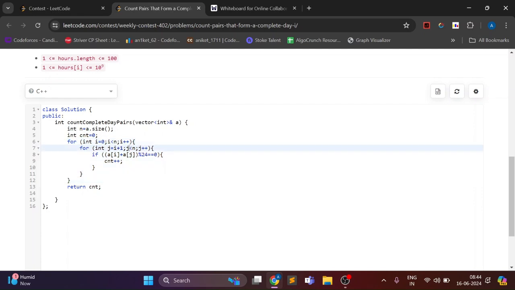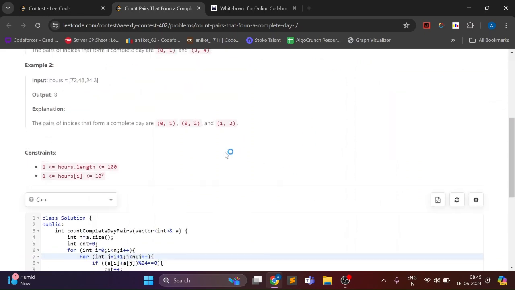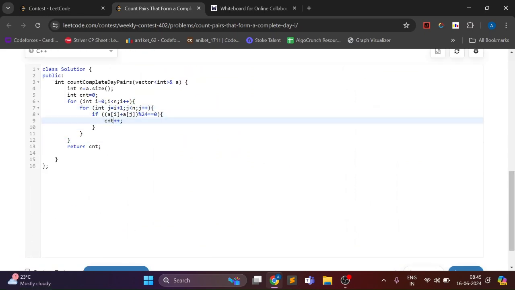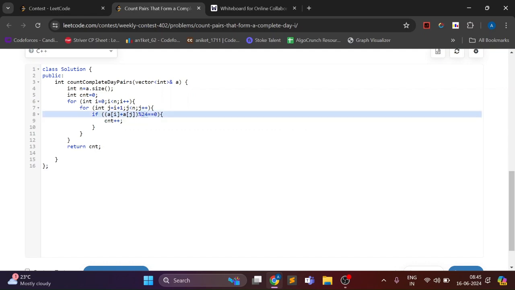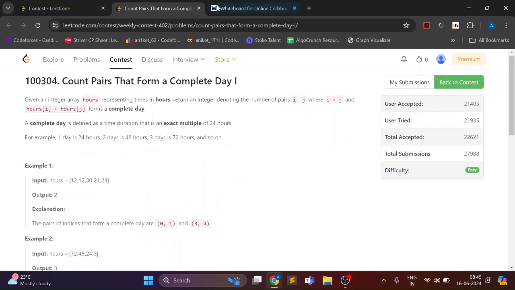In one for loop I am iterating i, in another for loop I am iterating j from i plus 1, because i is less than j, and then taking the sum and incrementing the counter if its mod with 24 is 0. Pretty simple question, a normal brute force solution.